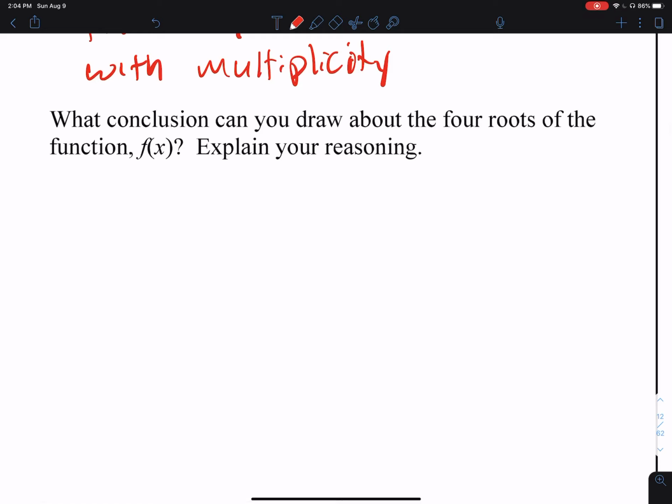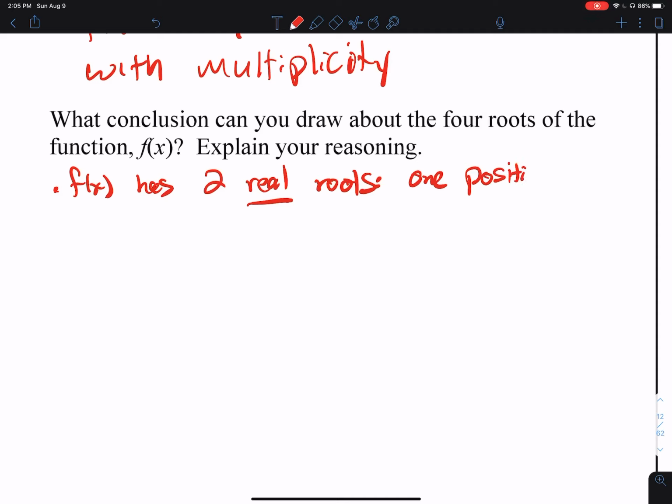Well, based upon what the graph shows, we know that f of x has 2 real roots, one positive and one negative.